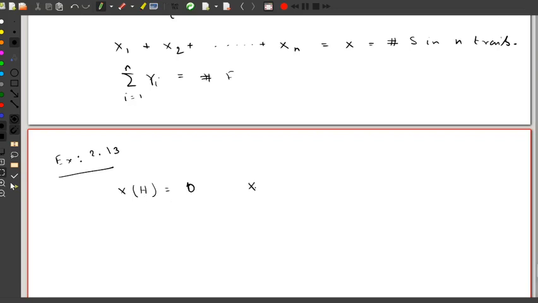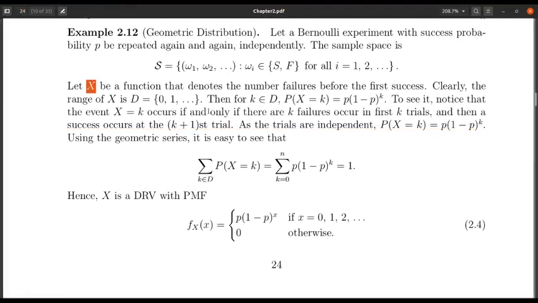Then if I have tail head, it gives me 1, because tail is a failure and there is exactly one failure before the first success. Then for tail, tail, head, that turns out to be 2, and so on. So if X is the number of failures before the first success, then X can take values in the set D, which is 0, 1, and so on.